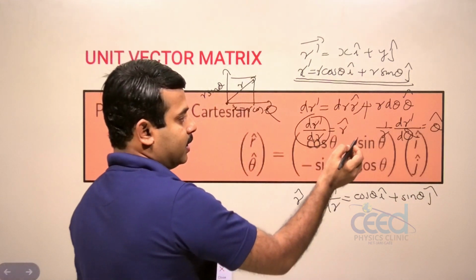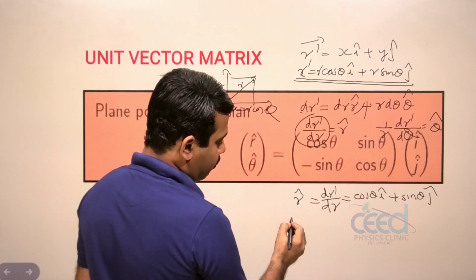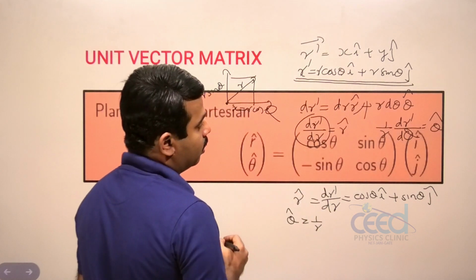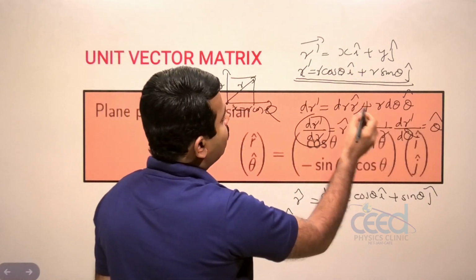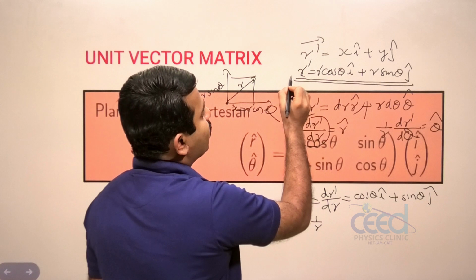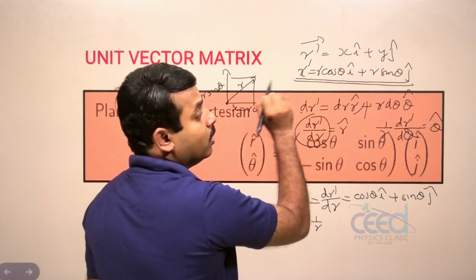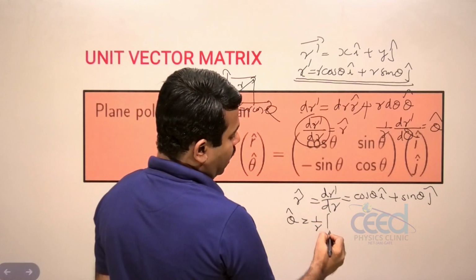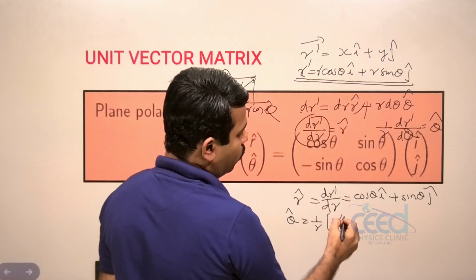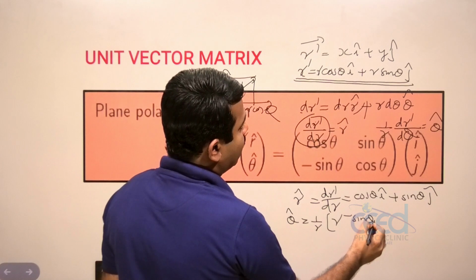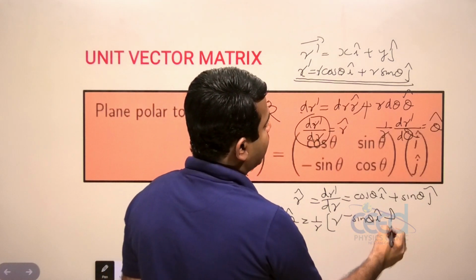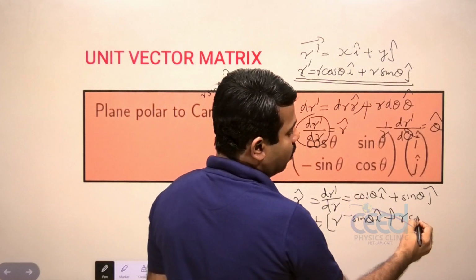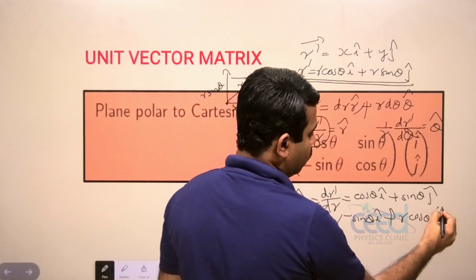Now next is theta cap. What is theta cap? Theta cap is equal to 1 by r times dr' by d theta. I am differentiating this with respect to theta. Then what comes? R I am taking out, cos theta on differentiating gives minus sin theta i cap, again r is taken out, then sin theta on differentiating gives cos theta j cap, alright.